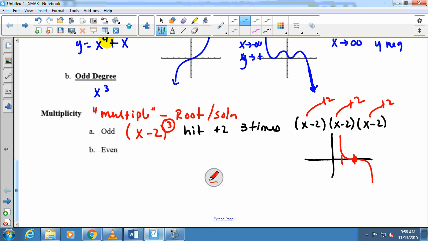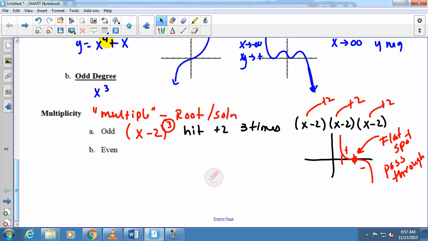And so it has this little flat spot. And notice with that flat spot, it's got this pass. I call it a pass through. Okay, it's going to change sign. If I have 3 negatives, it's going to be negative. If I have 3 positives, it's positive. So that's why it has a pass-through.